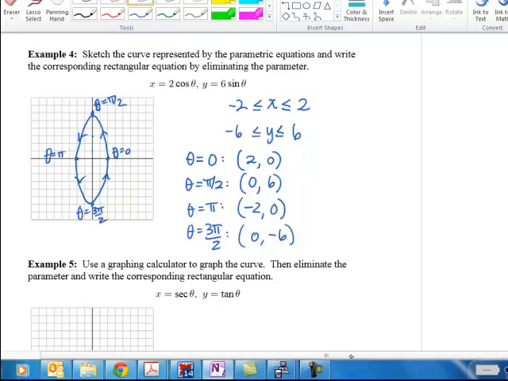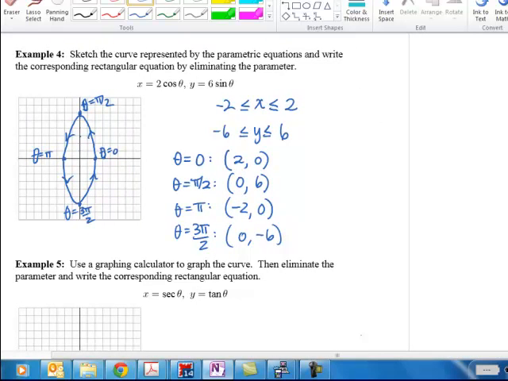To get rid of this parameter, we're going to do something different. We're not going to solve for theta and substitute because that's going to be pretty messy. What we're going to do is rely on the Pythagorean identity that we know: cos squared theta plus sine squared theta is 1.